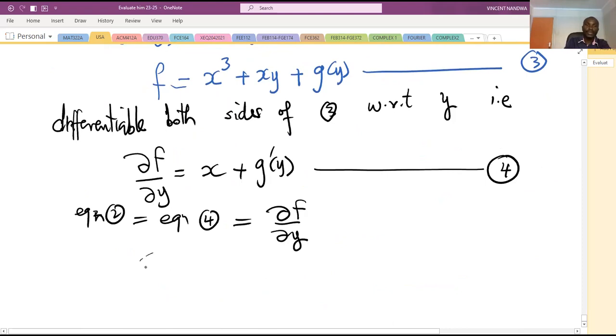So I'll have 2xy plus 5 equals x plus g prime of y.